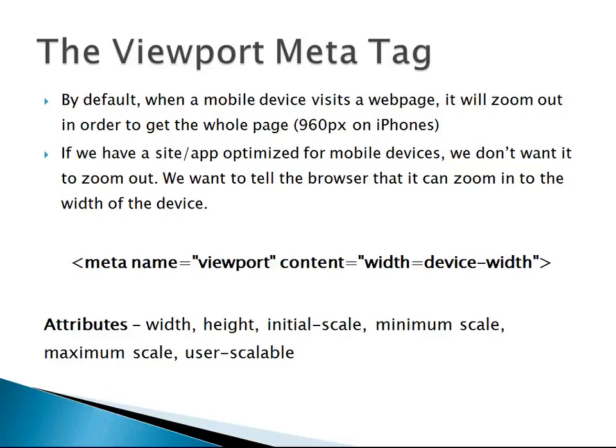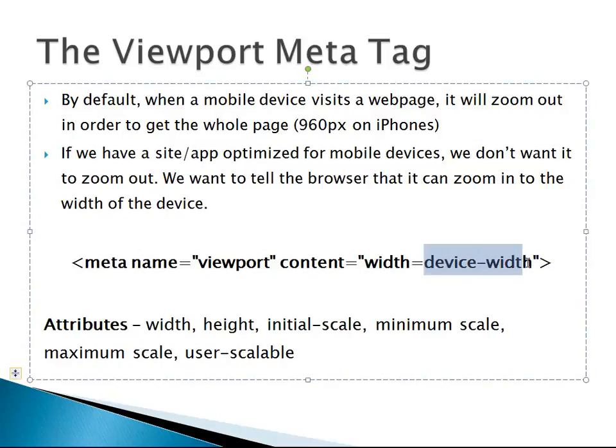So we want to tell the browser that it can zoom in to the width of the device, and we can do that with this tag here. It's a meta tag that has a name attribute of viewport, and for the content we're just setting the width of the application or the site equal to the device width.